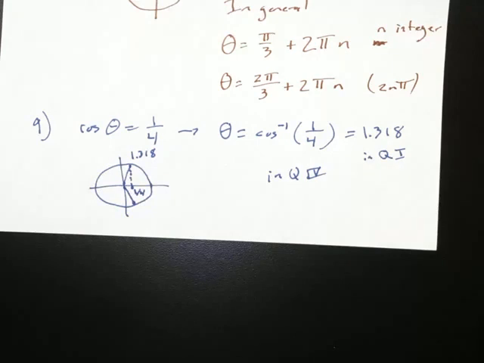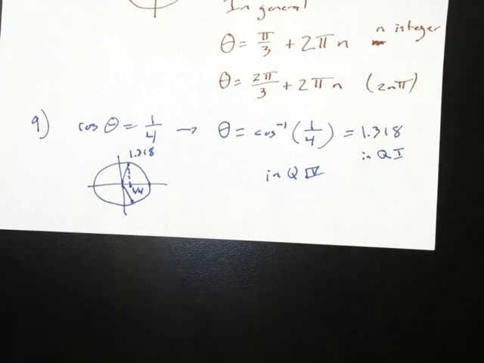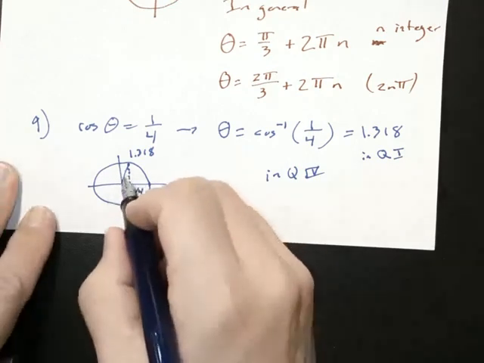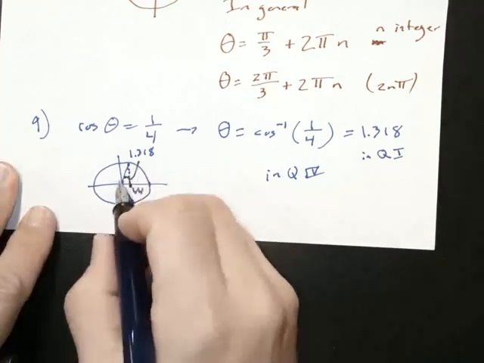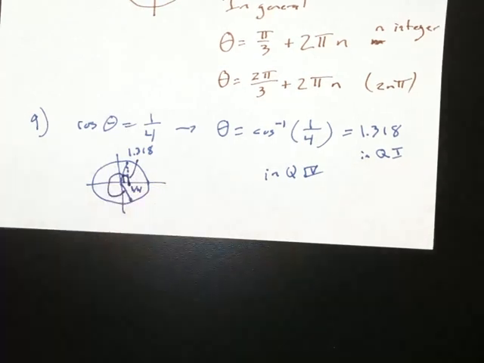I don't know what degree measure this is at all. 75 degrees would still be in quadrant 1, wouldn't it? No, I want to know what this bottom angle is. See, this is the 1.318. I now want to know what's this.